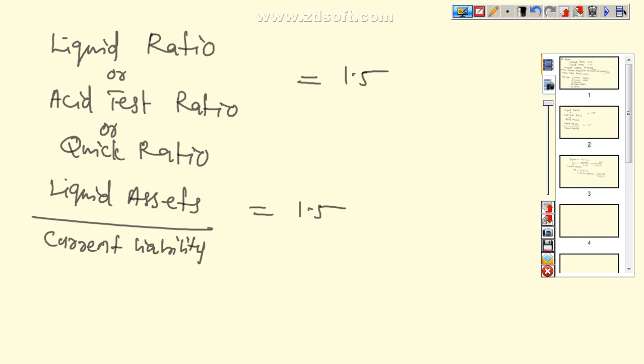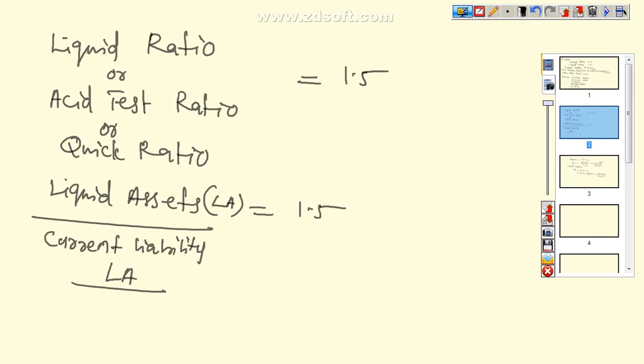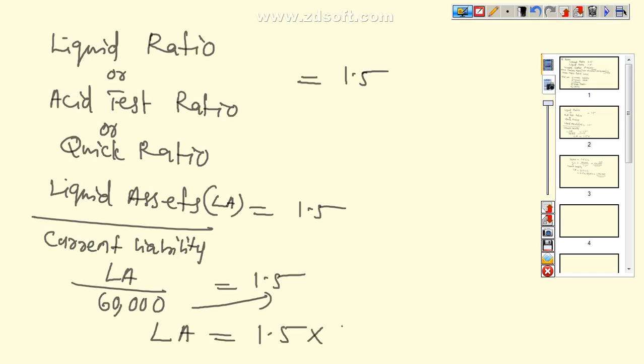So we know the value of current liability, we can substitute here. We can denote liquid asset with LA. So LA upon current liability, already we have calculated, is 60,000, that is equal to 1.5. If we cross multiply this, liquid asset is equal to 1.5 multiplied by 60,000, that is equal to 90,000. This is the value of liquid asset.